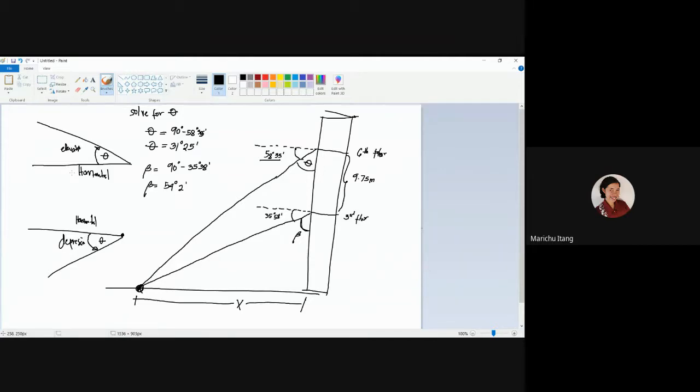Since this is a building, what is the value of the angle at the bottom of the building? 90. So this one here is equivalent to 90 degrees, right? So if that is 90, and theta is equivalent to 31 degrees 25 minutes, right?